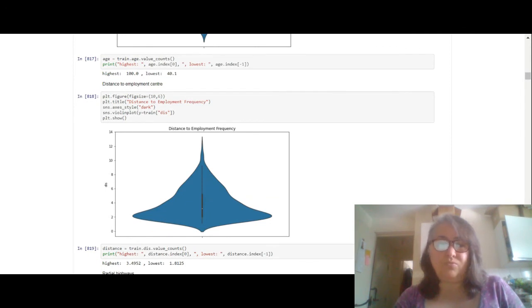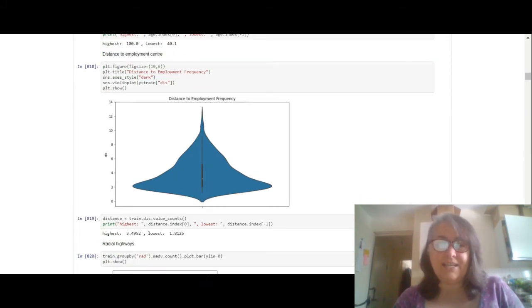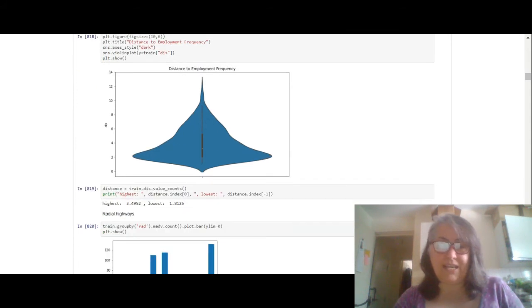So now what they want to check is the distance to the employment center. So you've got a violin plot that's telling you that number 2 is around the most values. And it says right here, the highest value is 3.4952 and the lowest value is 1.8125.